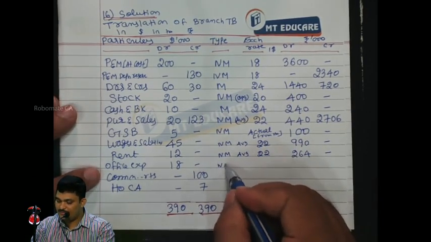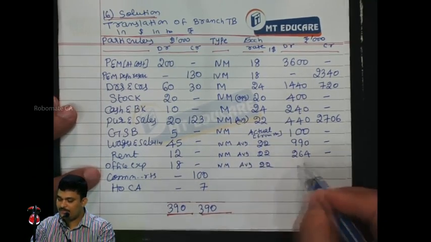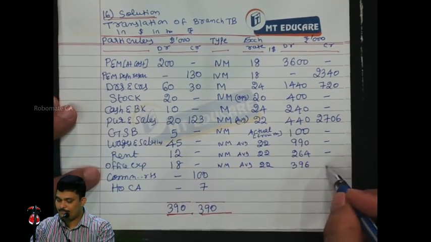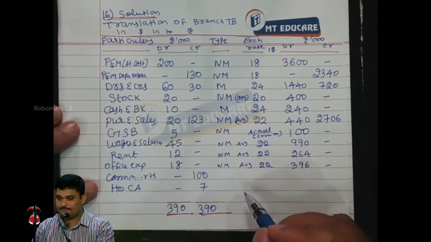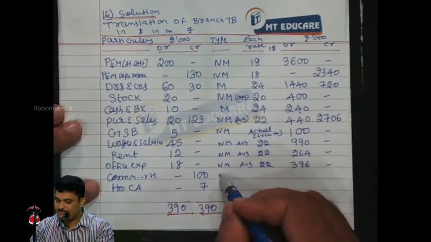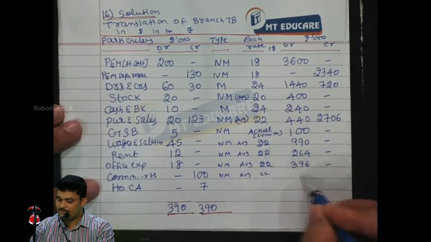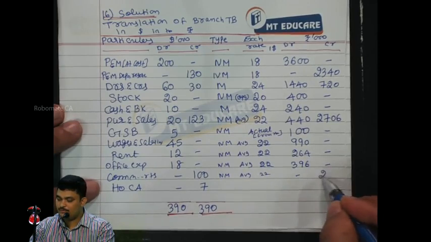Office expenses, non-monetary, 3. Then commission receipts, non-monetary, average 2000.